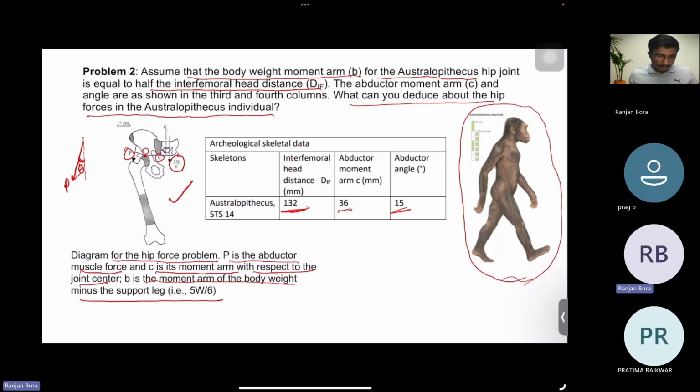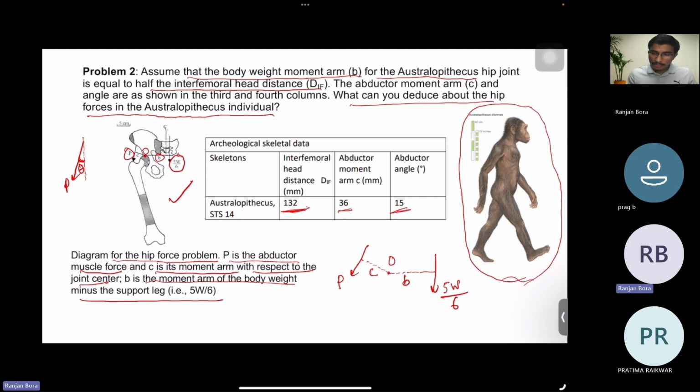Okay, I will solve the problem. First, you need to apply the moment balance about point O. So this is the point O, and at a distance B is the force because of the body weight acting, which is 5W/6, and at a distance C, the force P is acting.